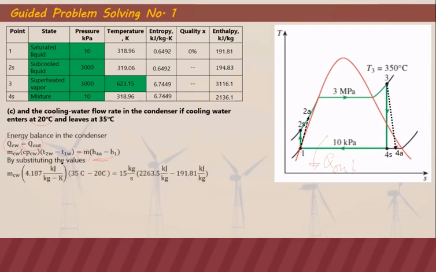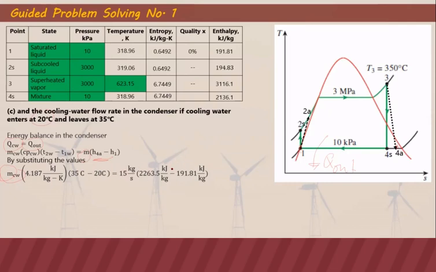So by substituting the value, our unknown, which is the mass of the cooling water times the specific heat of water multiplied by the temperature difference of the cooling water, is equal to the heat rejected by the condenser.